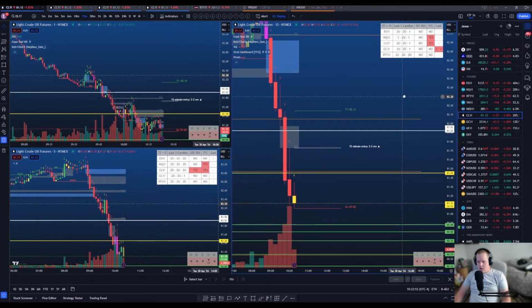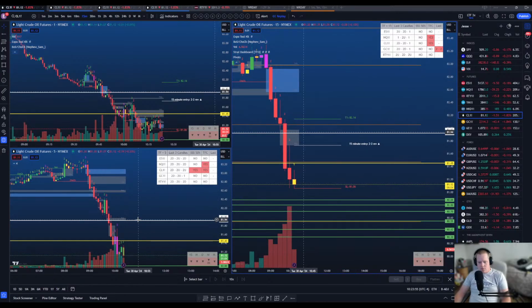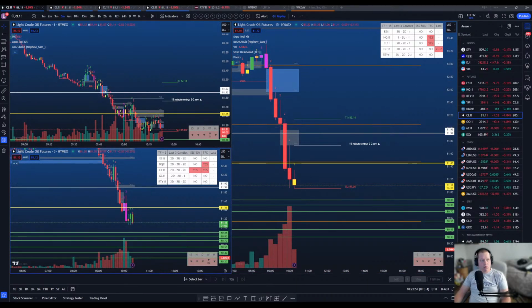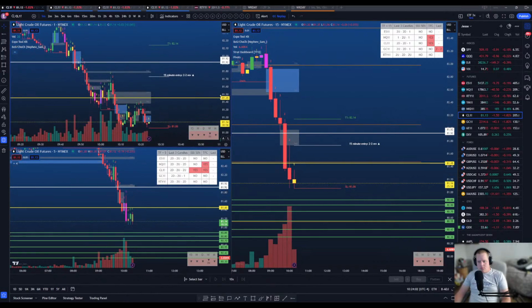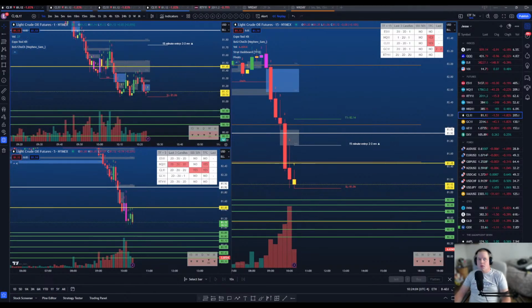Look at this. I'm going off the 5-minute chart and I have a sell stop at 81.04.